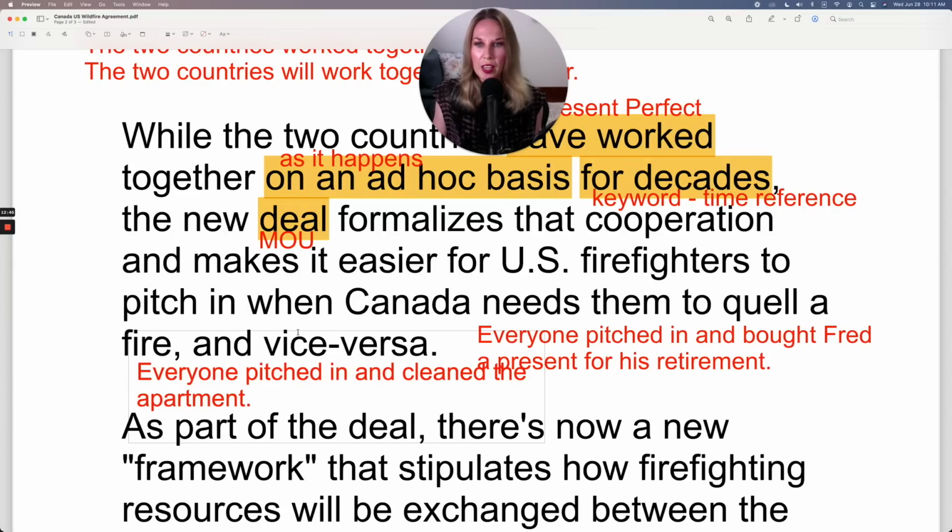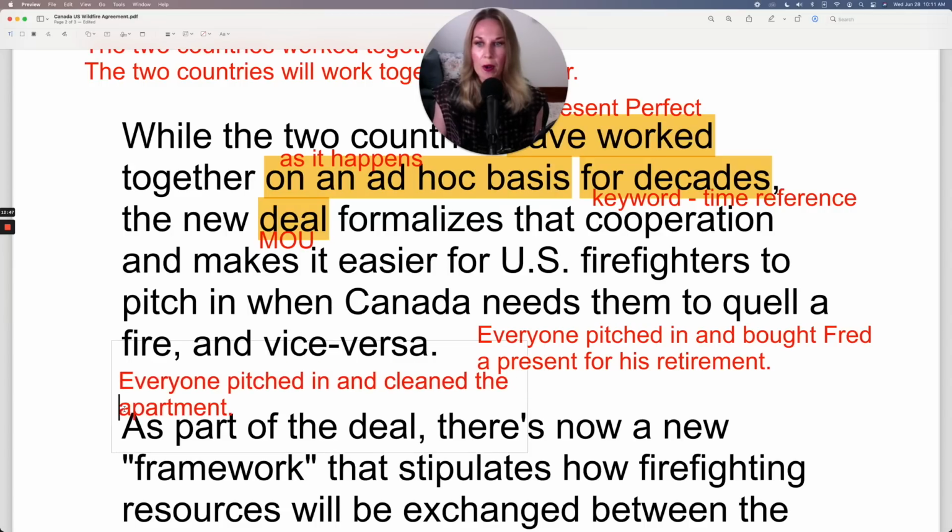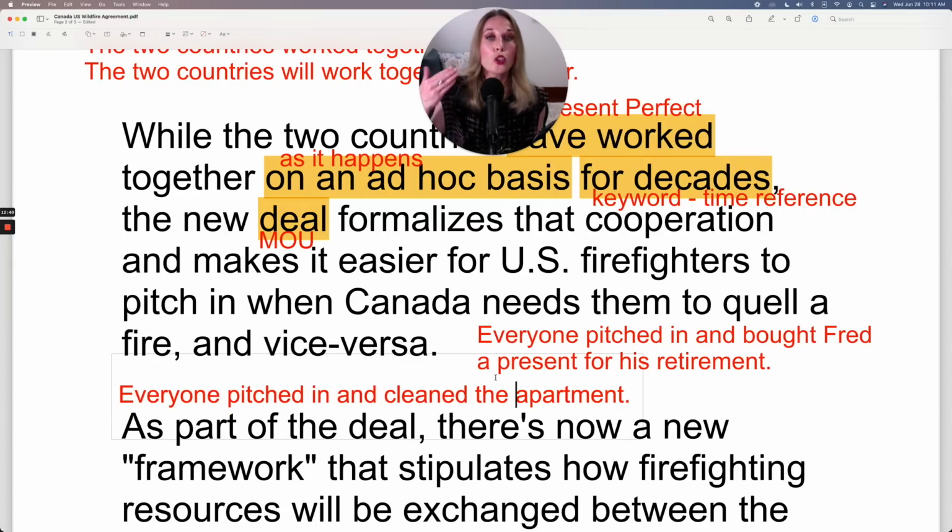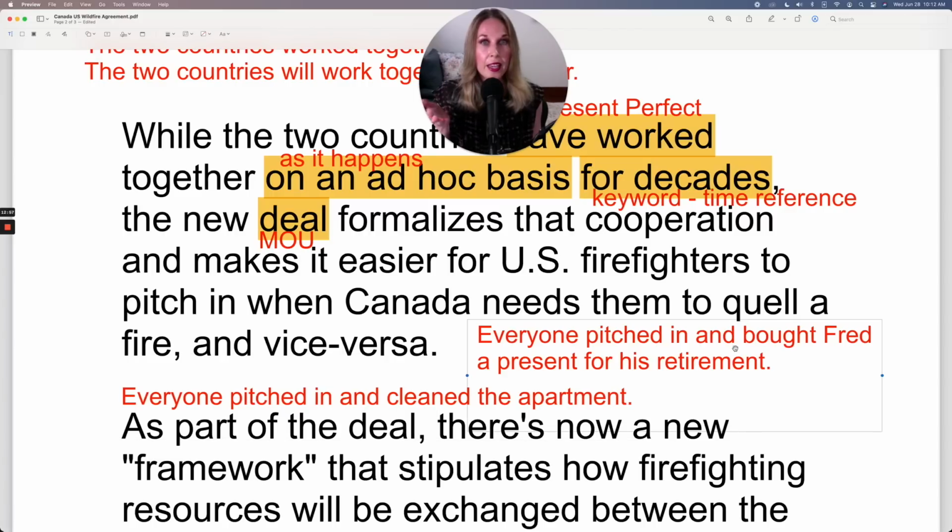So everyone contributed towards a specific objective. In this case, the specific objective is to clean the apartment. In the other case, it's to buy a present. So pitch in is to contribute to something specific, and it can be money, it can be time, it can be other resources as well.